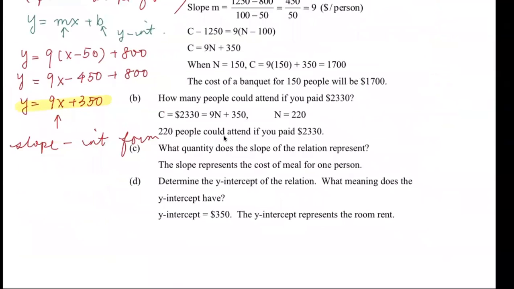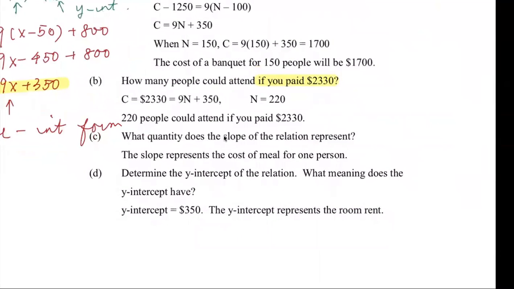How many people could attend if you paid $2,330? How many people could attend if you paid this much money? If we translate this question to math language, what is this part really asking? Let me remind you again. Y is equal to 9x plus 350. Y here is total cost, which is how much money you pay eventually.